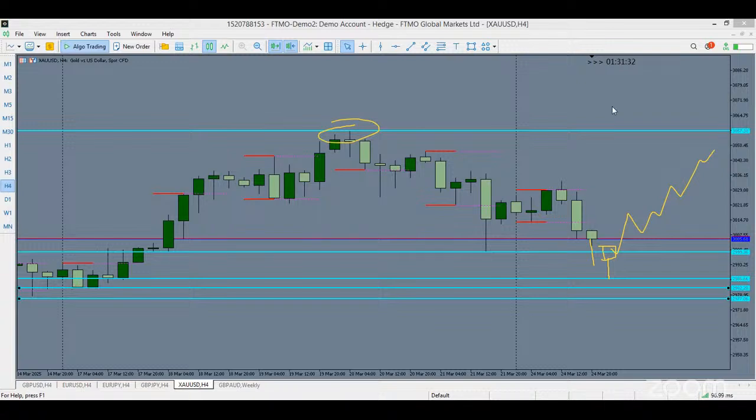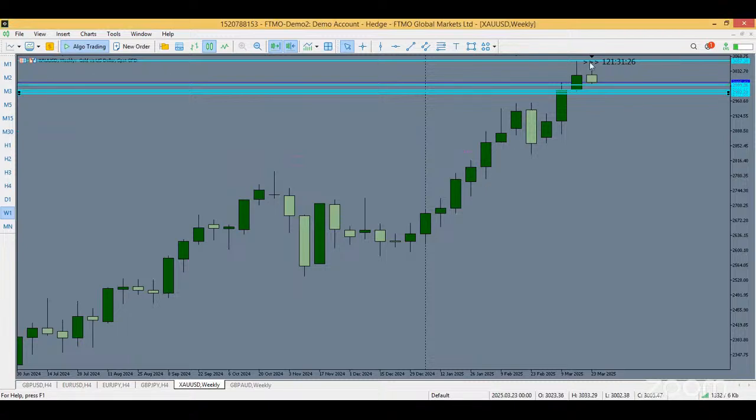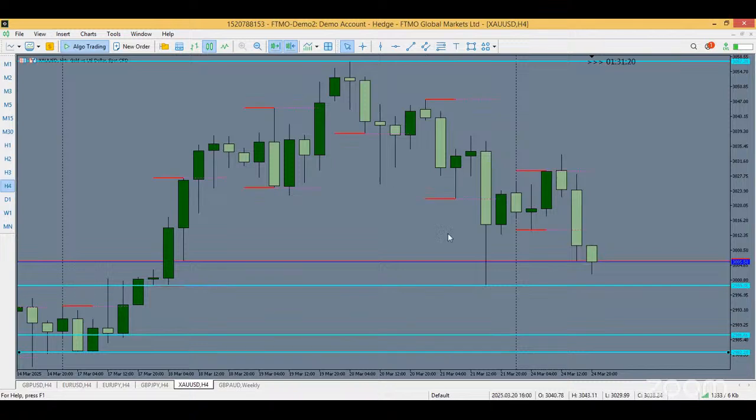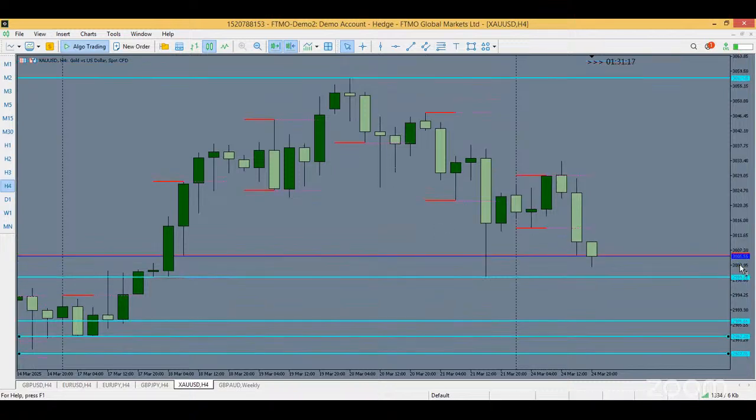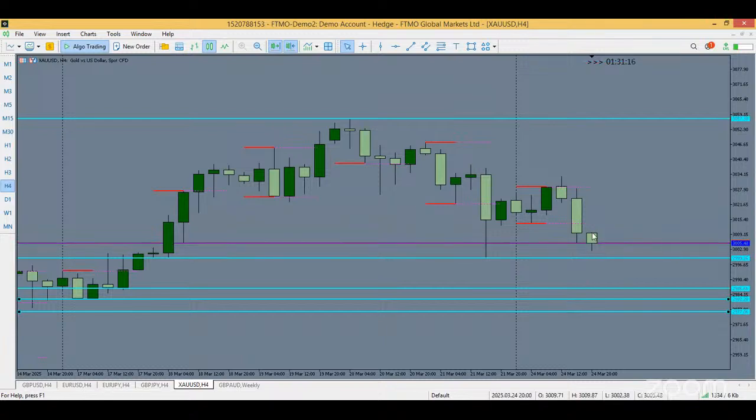From your weekly chart, you can see it's still very bullish. So it can still go up, but at the moment it's just pulling back. So we want to see how far down it can go before the buyers come in again to push it back up.